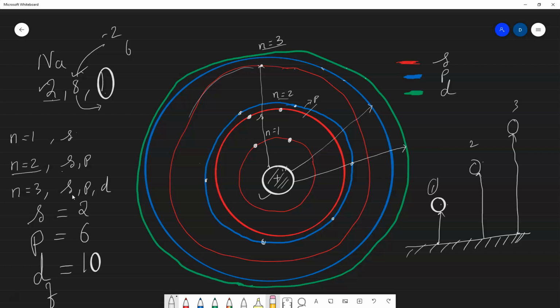And the F subshell can have a maximum of 14 electrons. So these numbers you have to memorize. S can have a maximum of 2 electrons, P a maximum of 6, D a maximum of 10, and F a maximum of 14. You will understand this SPDF concept by taking one more example.